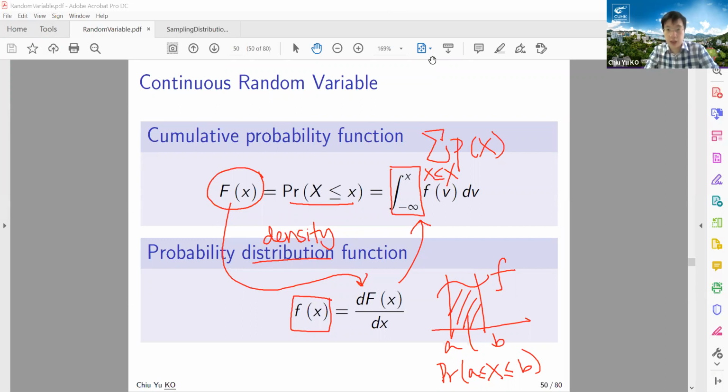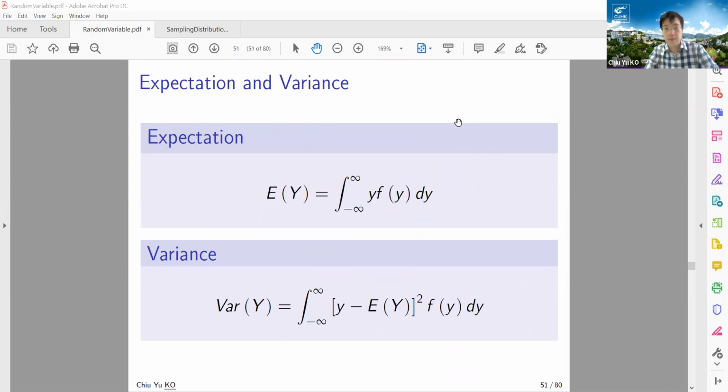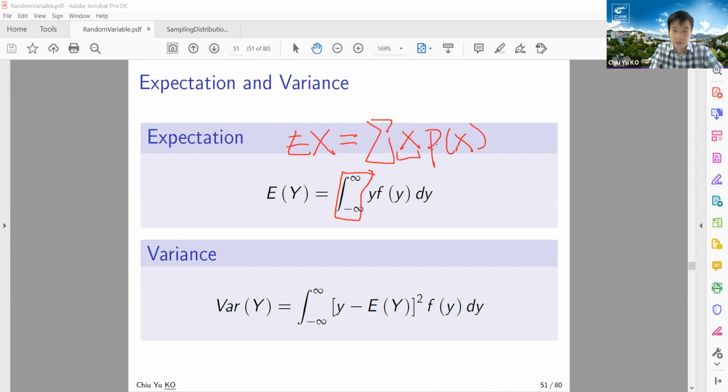So let me go to the next slide. We will quickly review a little bit. The expectation is the same idea, integration. If you just remember the discrete case, you take x times p(x), which is the weighted average, and the weights are the probability. The same idea here, weighted by the density.